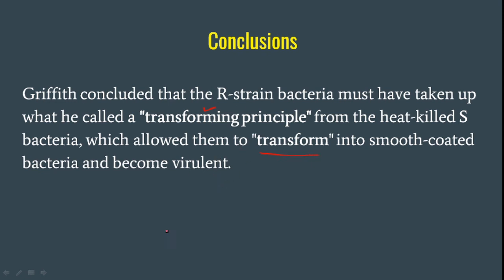So what Griffith concluded was that this was the heat-killed S strain, and this was the live R strain. Something from this heat-killed S strain has transformed the R strain bacteria into living S strain bacteria.